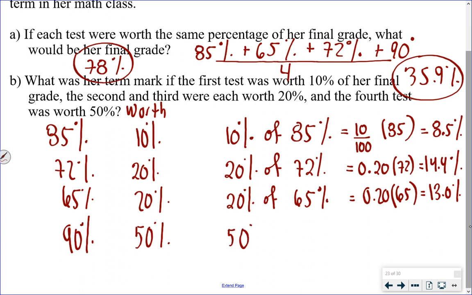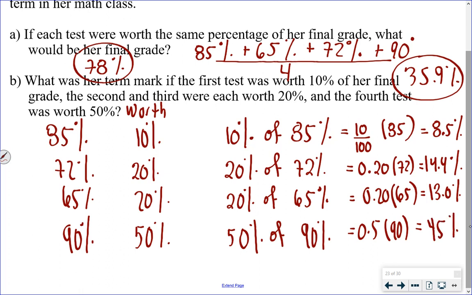So we need to find out what 50% of 90% is. That's 0.5 times 90. I mean, this is what I'm talking about. That's 45, isn't it? Like that test alone gives her 45% towards her final mark. That test alone gives her more towards her final mark than the 3 before that.